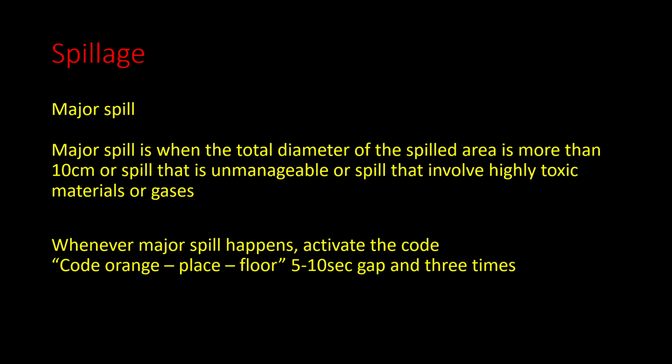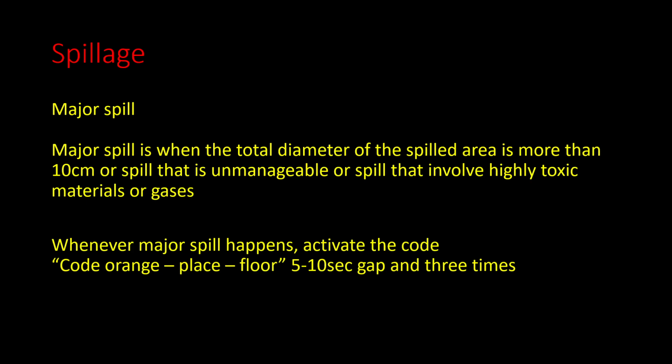Or if the spilled item is very toxic, or not manageable by the routine staff, even then we can put it as a major spill. Gases and toxic chemicals, all these things we can put as a major spill.